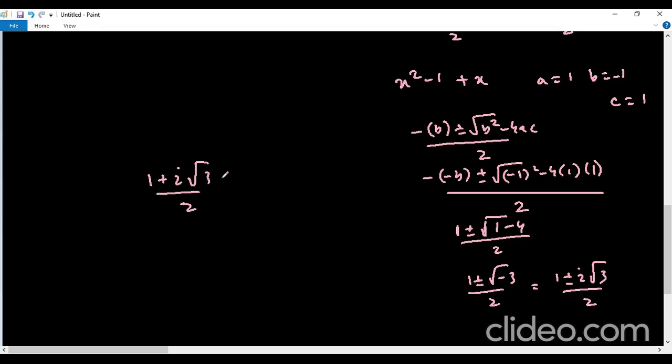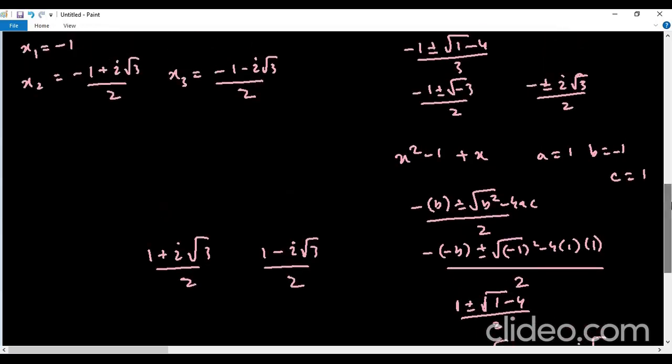This is the fourth value, and the fifth value is going to be 1 minus iota under root 3 over 2. These are the two different values. So x4 and x5 are these ones, and this is the final answer.